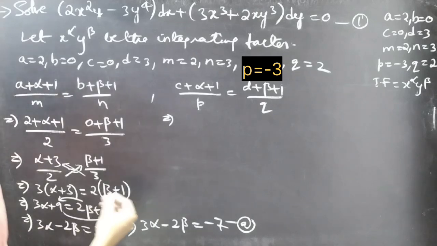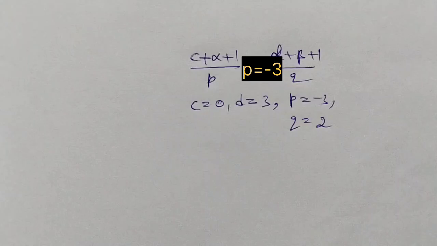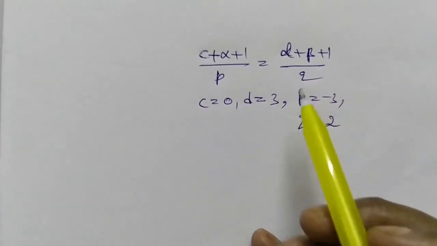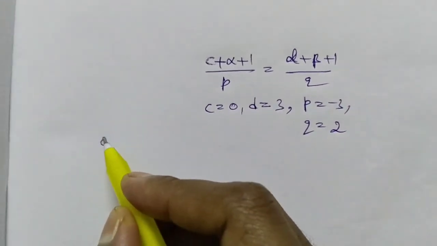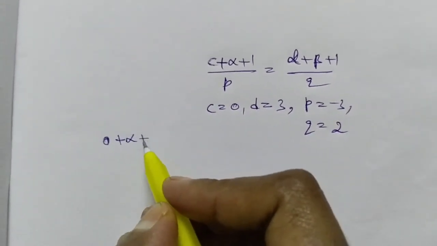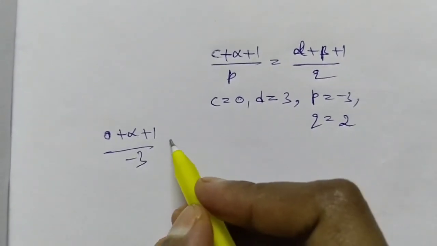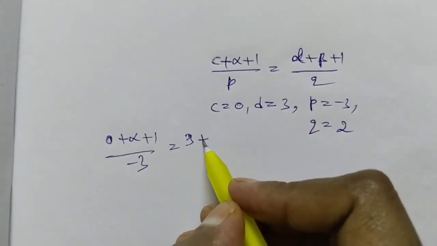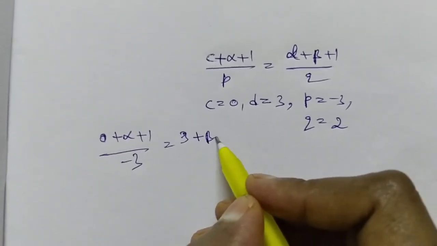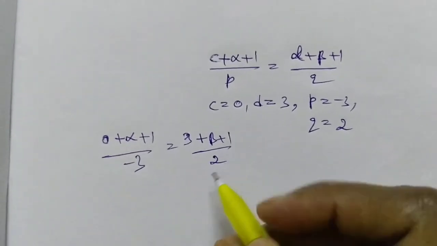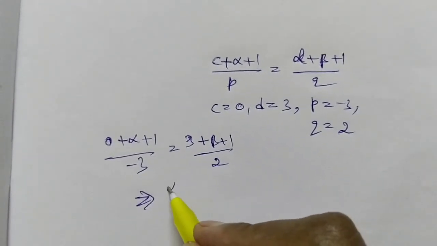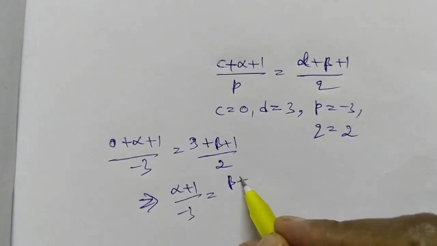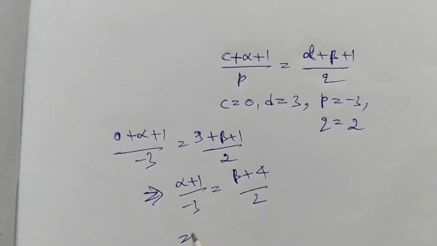Now substitute the values of c, d, p, q in this formula. You'll get 0 plus alpha plus 1 by p, which is minus 3, equal to d, which is 3, so you'll get 3 plus beta plus 1 by q, which is 2. Which gives us alpha plus 1 by minus 3 equal to beta plus 4 by 2. Now make the cross multiplication.